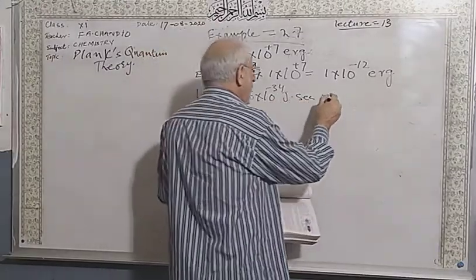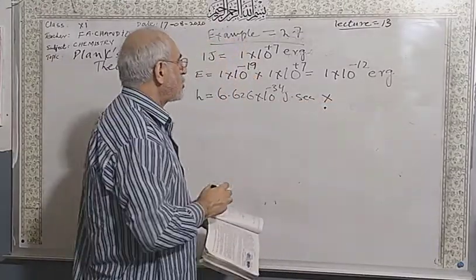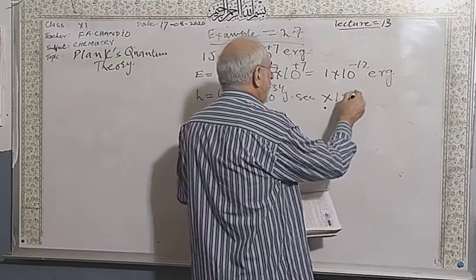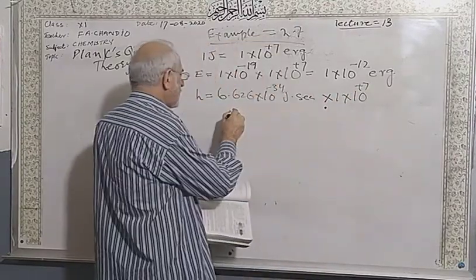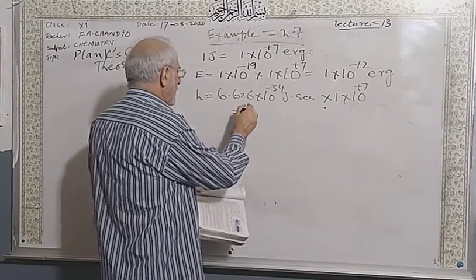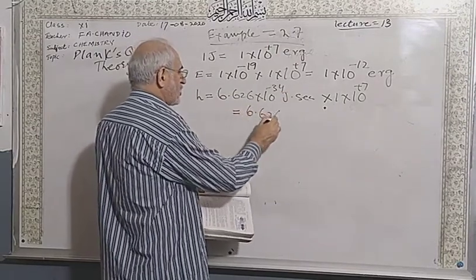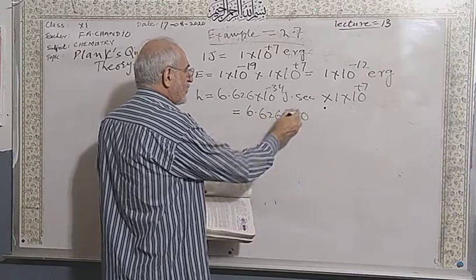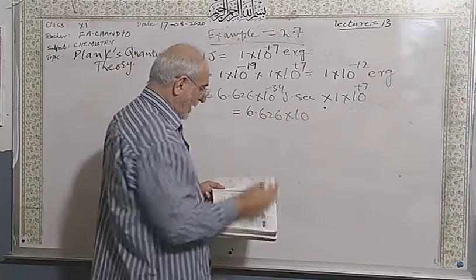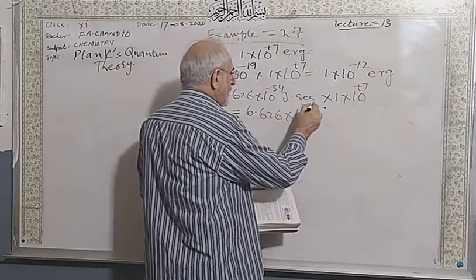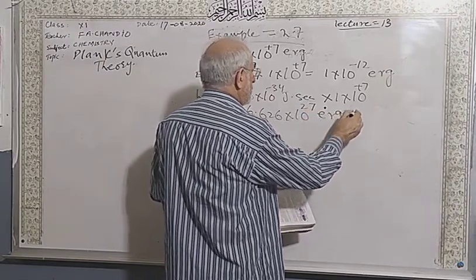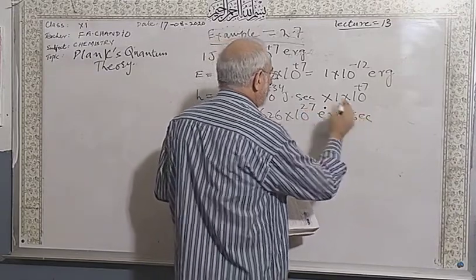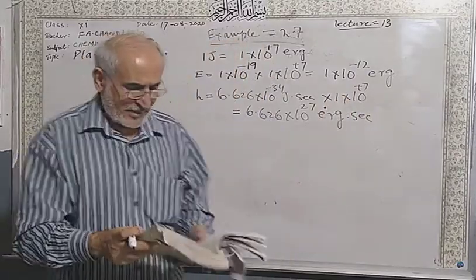So when you convert into erg, it means 1 into 10 raised to power plus 7. So your answer will be 6.626 into 10 raised to power minus 27 erg second. This is the erg second.